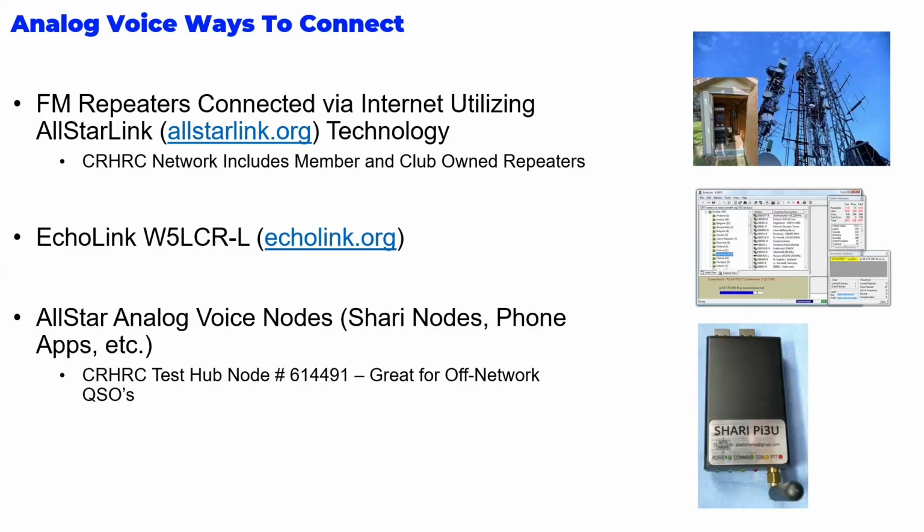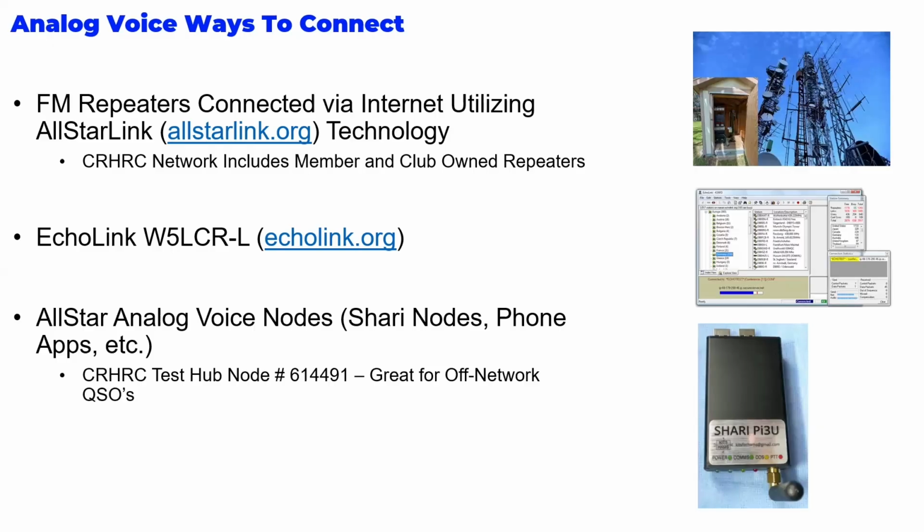Go right ahead, sir. Okay, this is Robert, KB5PBM for ID. The test node, the 614491, that's an excellent node to use. Let's say that you can't do any port forwarding, especially when you're on a cell network, and let's say you're tethered to your phone. Normally, you're just limited to outbound connections.